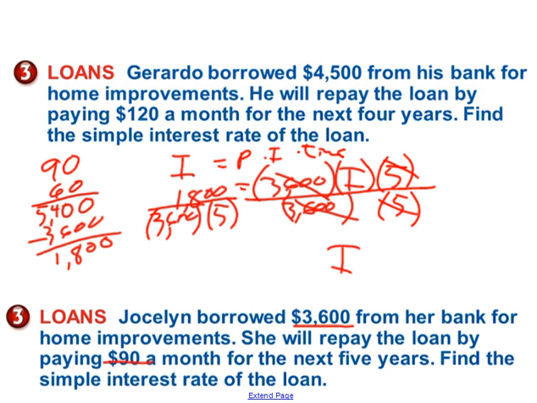That comes out to be 0.5, but again, then I have to divide that by 5, and I get 0.1 in decimal form, which is 10% per year is her interest rate.